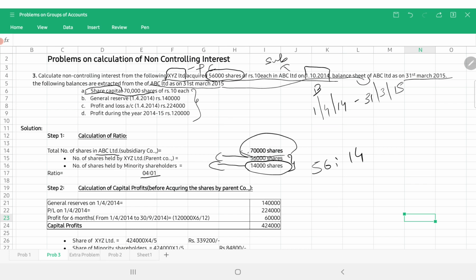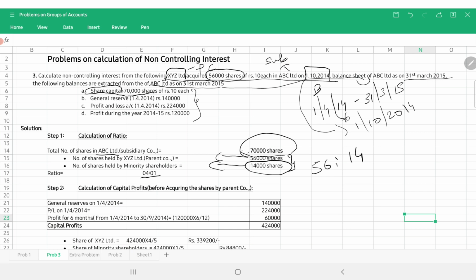Now, when was the acquisition date? The acquisition date is 1/10/2014. This was the purchasing date by the parent company in the subsidiary company.